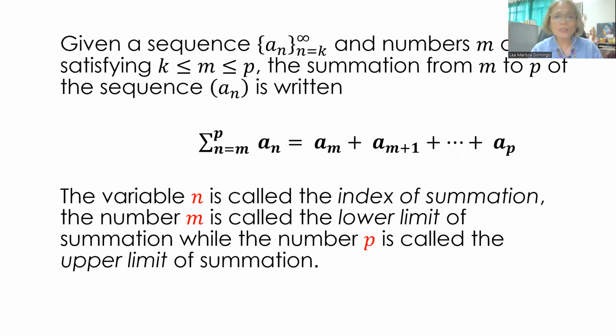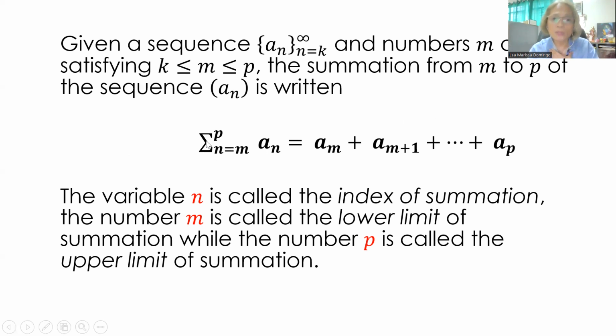So a given sequence a sub n from n equals k to infinity and numbers m and p satisfying k is less than or equal to m but m is less than or equal to p. The summation from m to p where the sequence a sub n is written as, so ito, no? Paano siya binabasa?